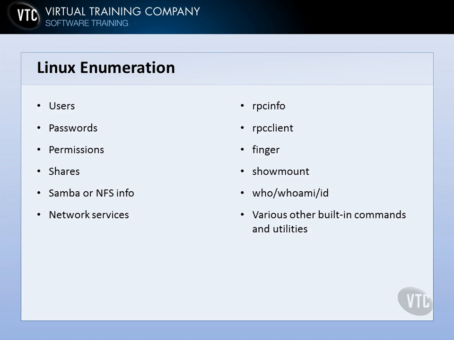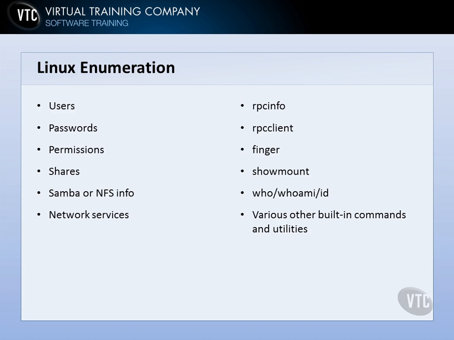Now, obviously, Linux and Unix use different tools and techniques. Some of the commands that are built in may help you, although some of these commands have been deprecated over the years and may not be on your particular Linux or Unix distribution. You may have to download these. These can include commands like rpcinfo, rpcclient, finger, which is an older command.